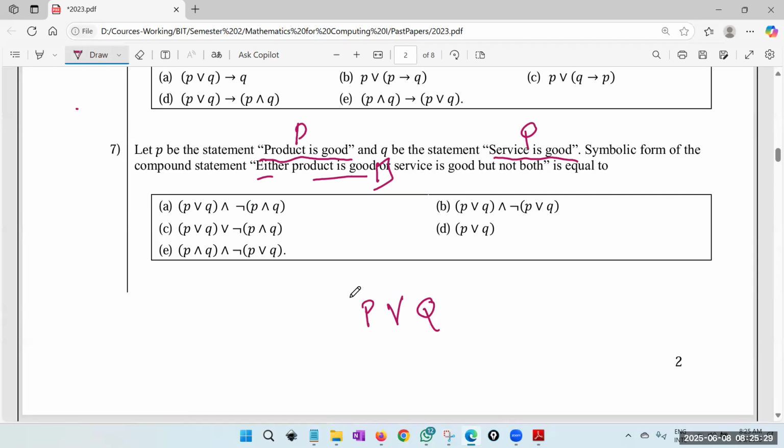Either means or; you don't need either, just or. But means and in logic, right? But is the same as and. So not both means not P and Q.